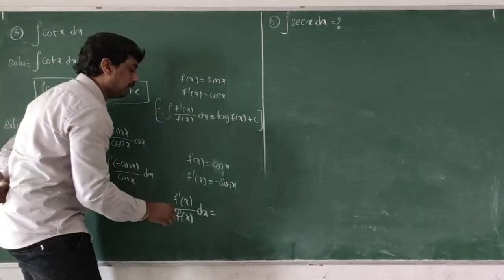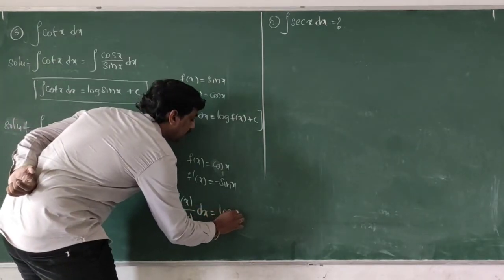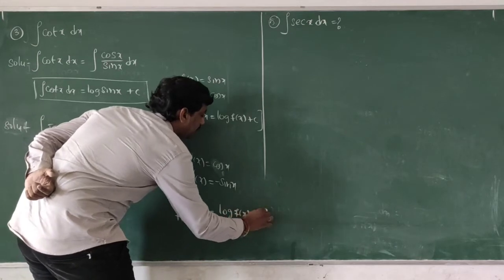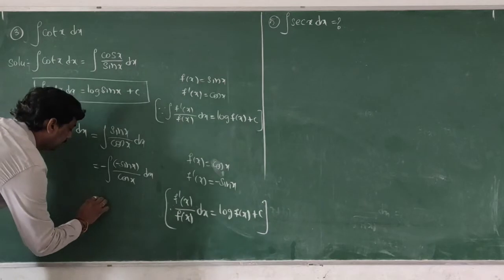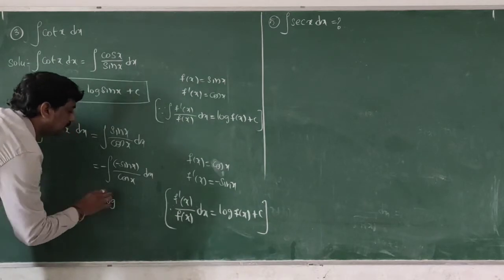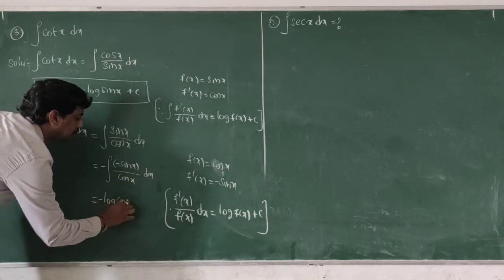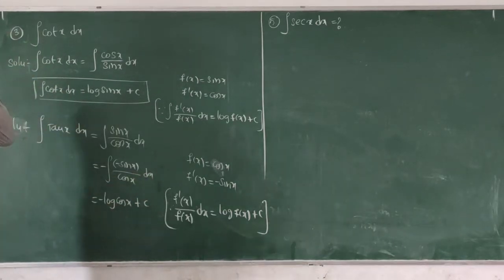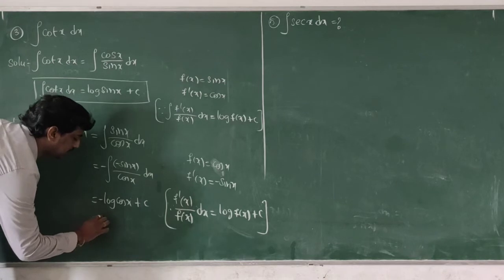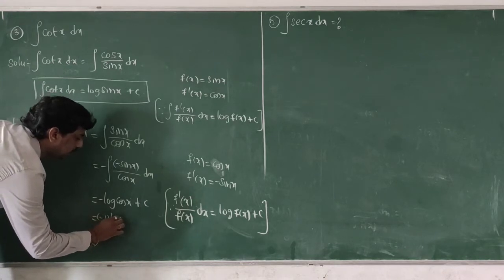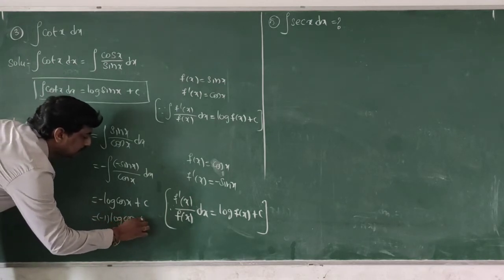The integral of f dash x by f of x dx is log f of x plus c. So here we get minus log cos x plus c, which can be written as minus 1 into log cos x.